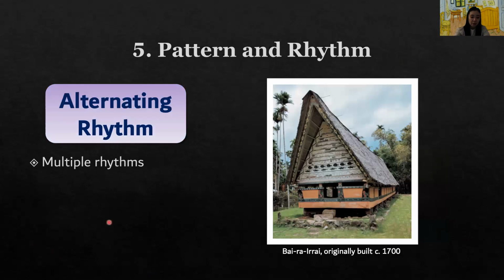And the alternating rhythm. Artists can intermingle multiple rhythms until they become quite complex, like this house pattern here. The addition and alternation of rhythms can add unpredictability and visual excitement.